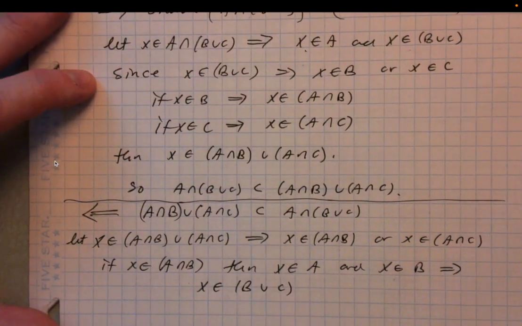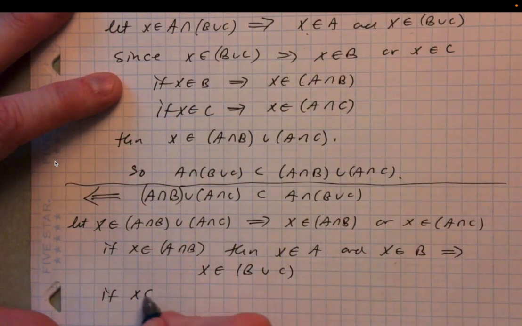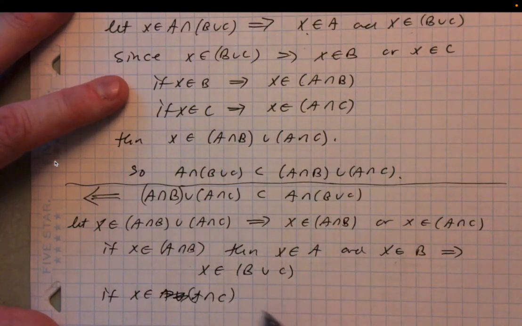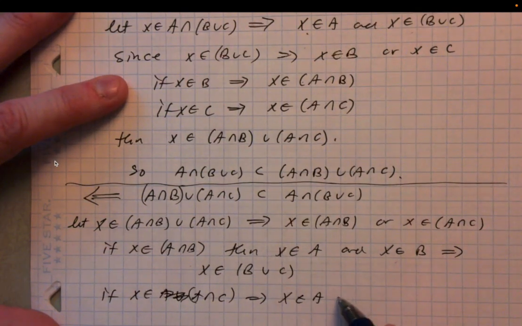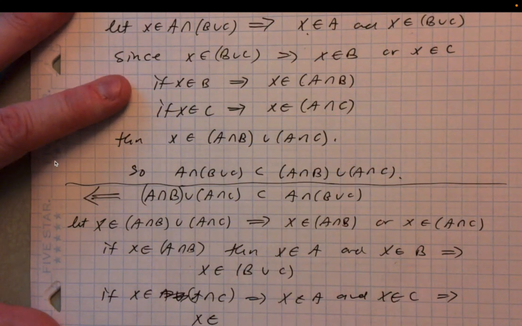It's in B, so it's in B or C. And similarly, if X is in A and C, then X is in A and X is in C, and that's going to imply that X is in B or C, right?